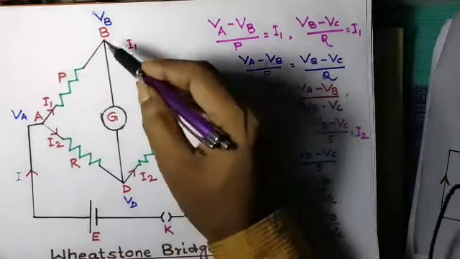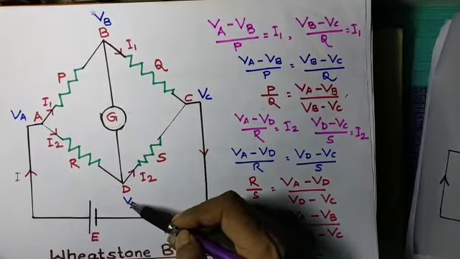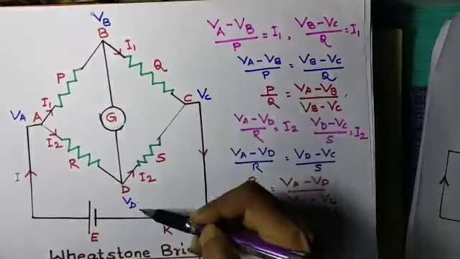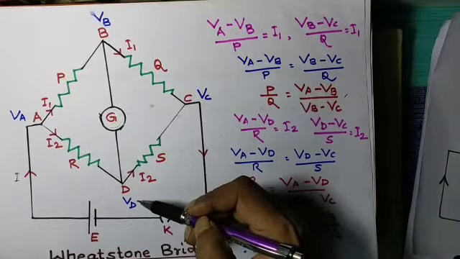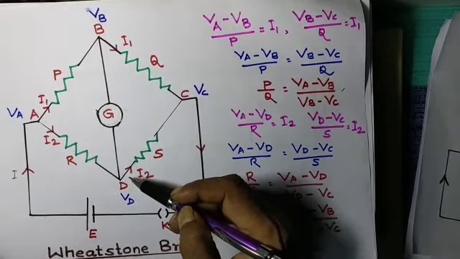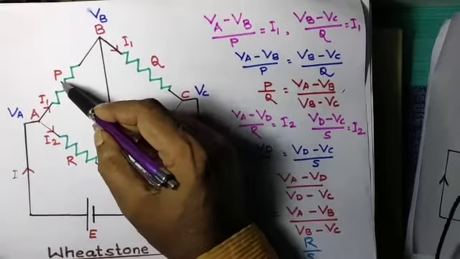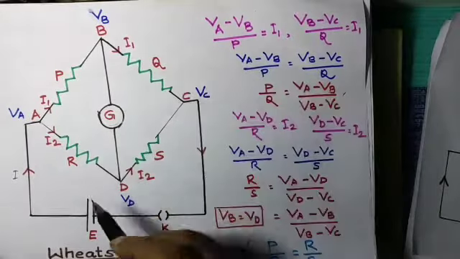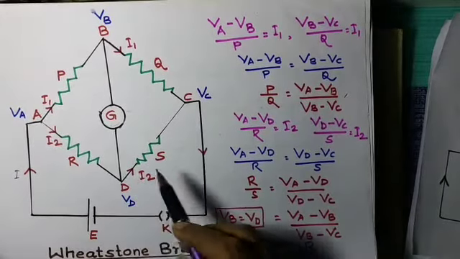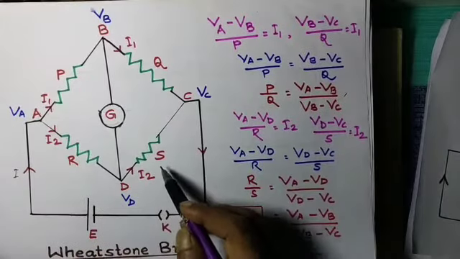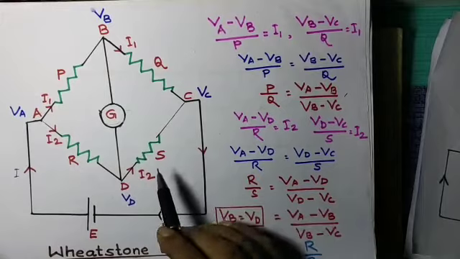Previously we have shown that in the balanced condition of the galvanometer, P by Q is equal to R by S. This is the mathematical formula of the Wheatstone bridge.